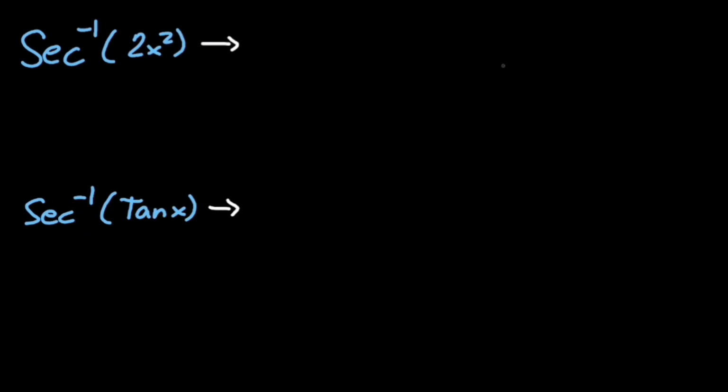Let's continue with the derivatives of arcsecant. The formula for this will be arcsecant of u will be u prime over the absolute value of u multiplied by the square root of u squared minus 1. Let's start with this.